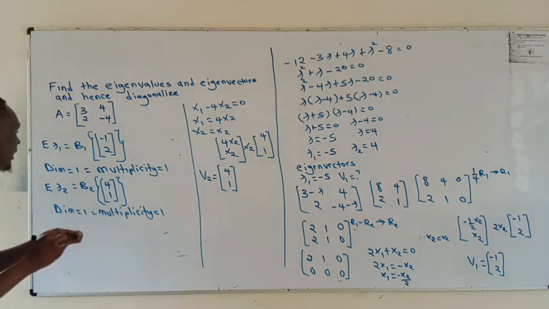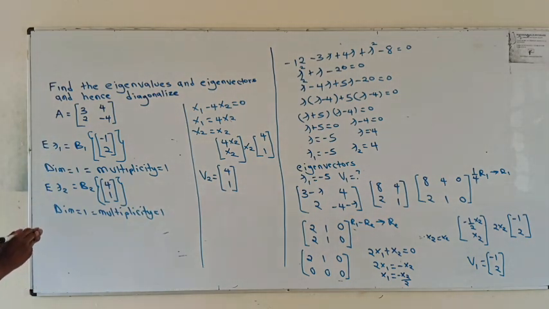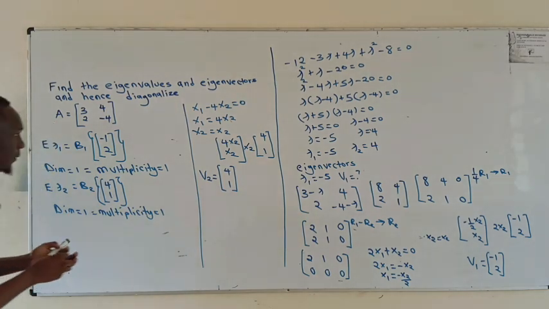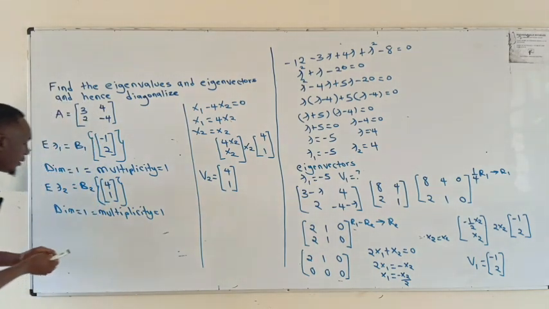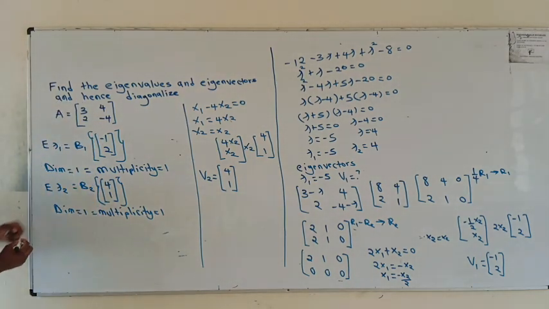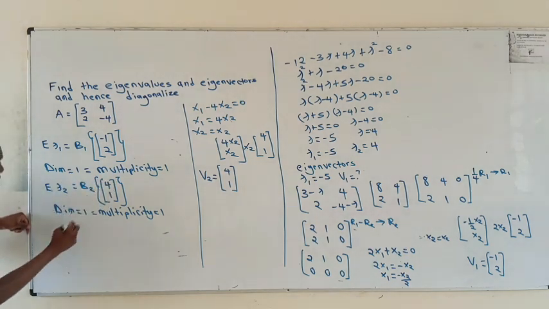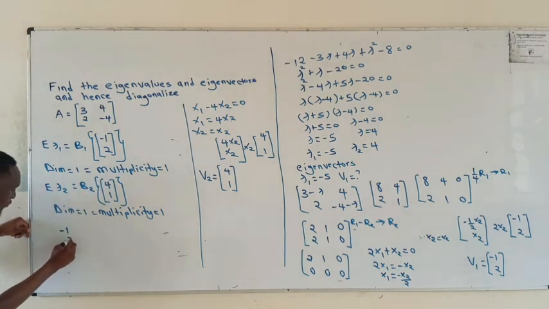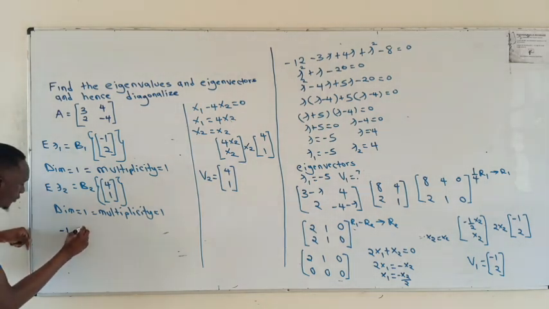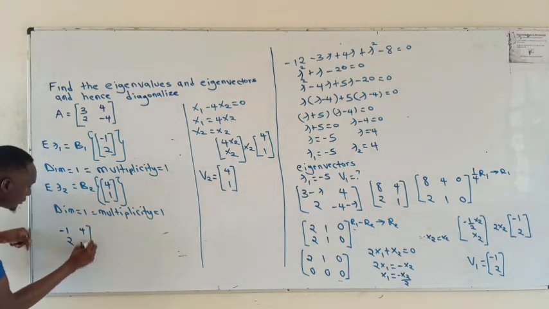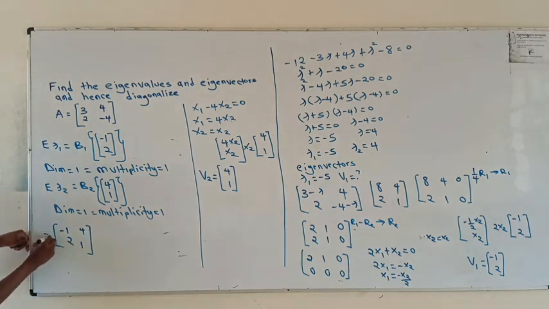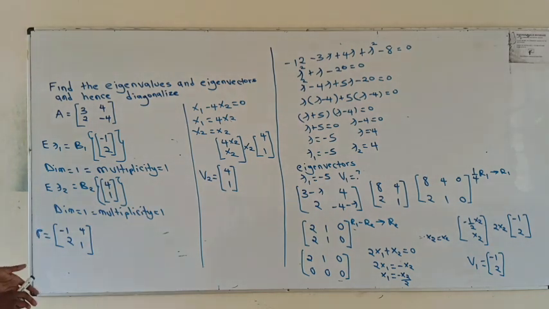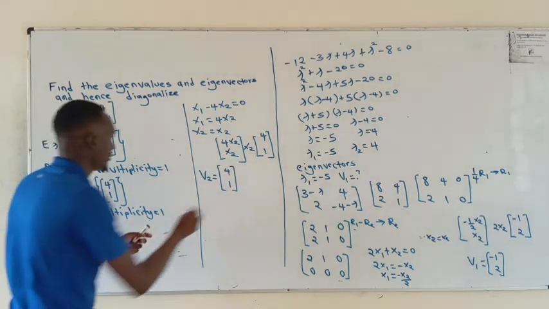Therefore, we can diagonalize A using the matrix negative 1, 2, 4, 1. Let's call it P. We can diagonalize A using the matrix negative 1, 2, 4, 1.